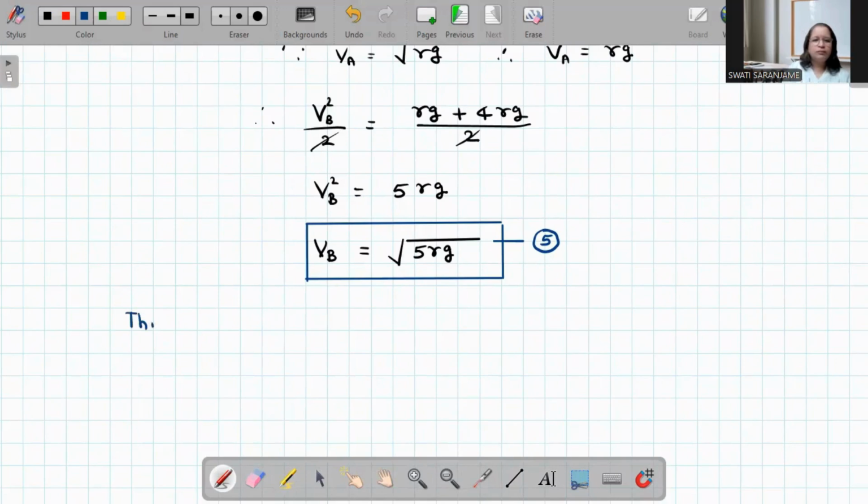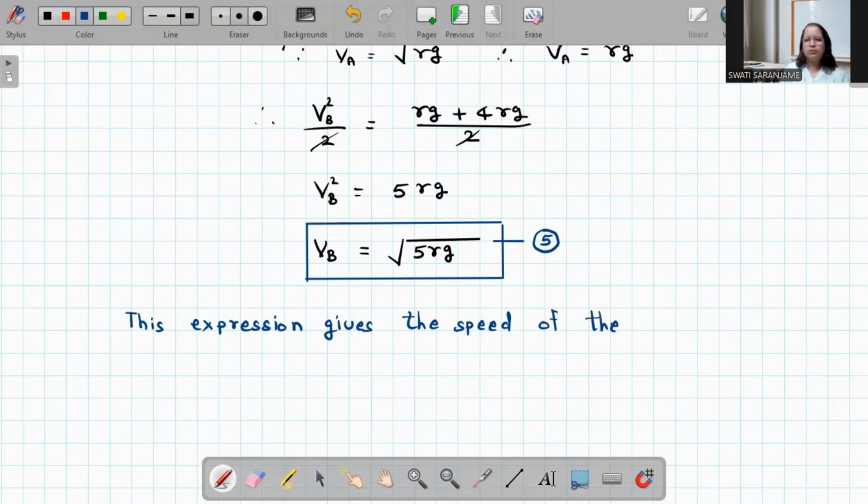Okay, so here let's write this. This expression gives the speed of the object performing vertical circular motion.